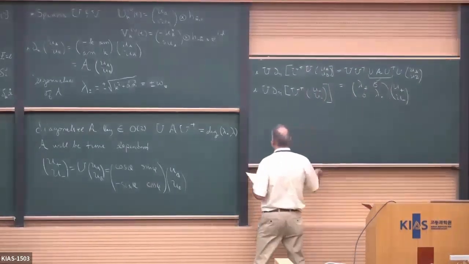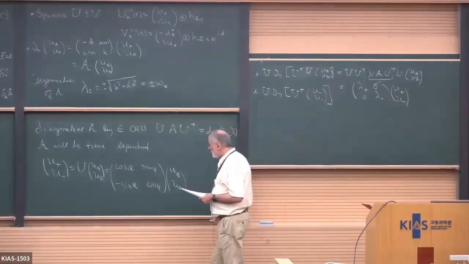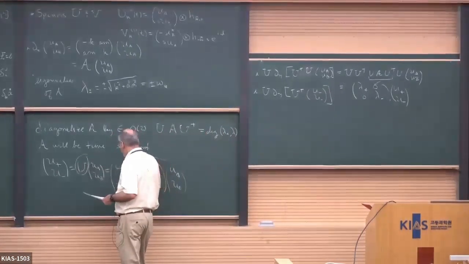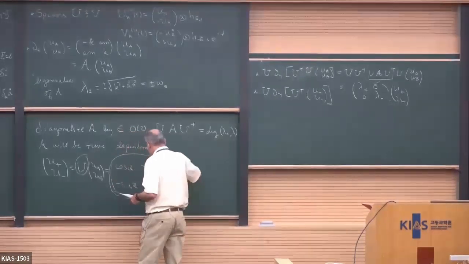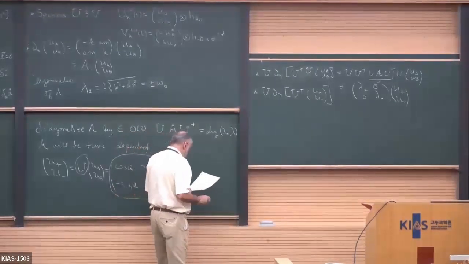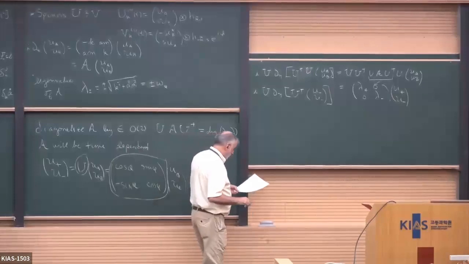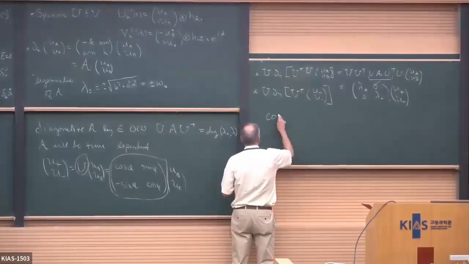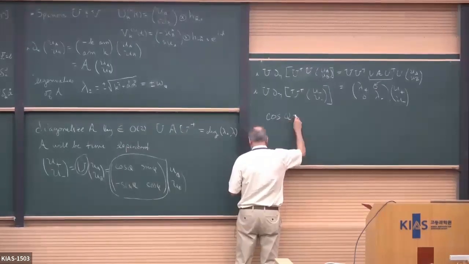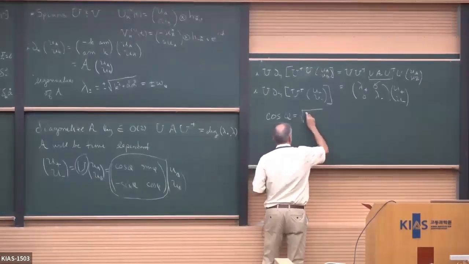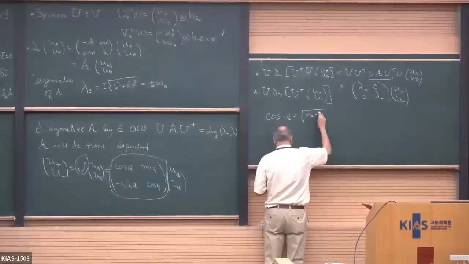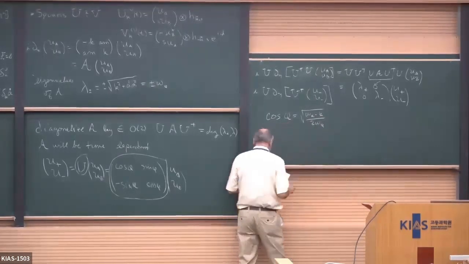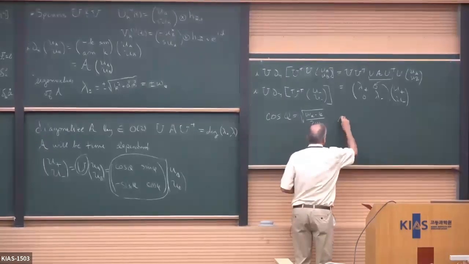All right, again, I can write U as a rotation, with cosine of phi and sine phi.